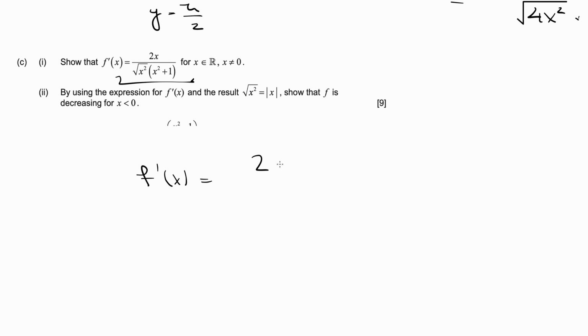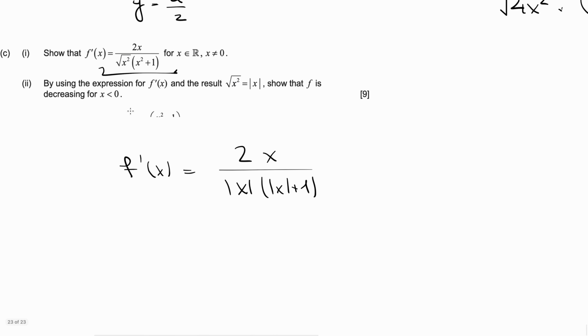So 2x is simply absolute value of x plus 1, right? And show that f is decreasing for x less than 0. X is less than 0, right?